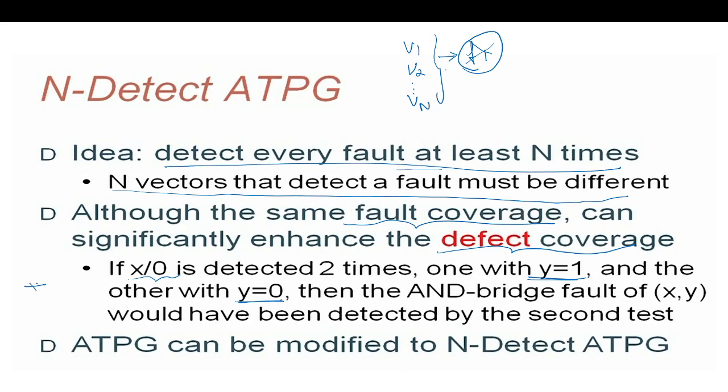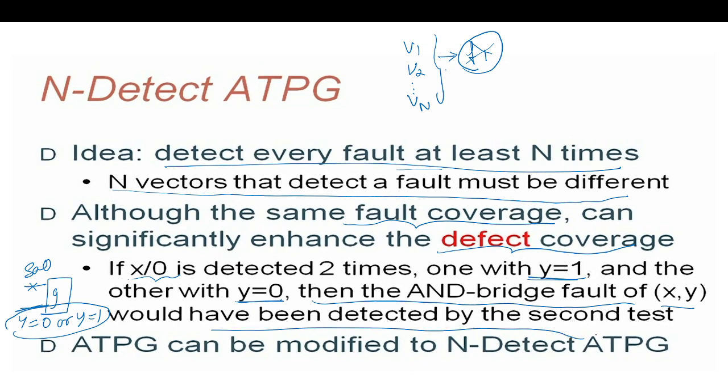So some node, this node stuck-at 0 is detected by y, some gate g, y equal to 0 or y equal to 1, that means both. Then the bridging fault between x and y could also have been detected. Defect coverage increases because, along with the stuck-at fault, some bridging faults are also getting detected.